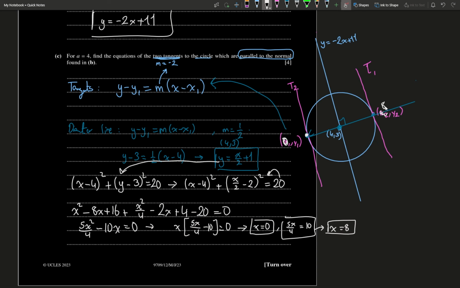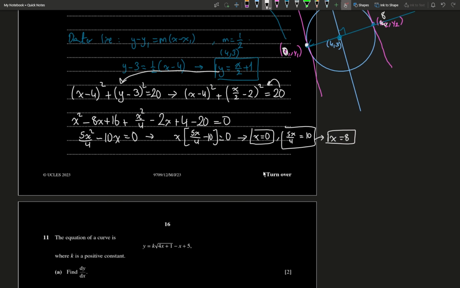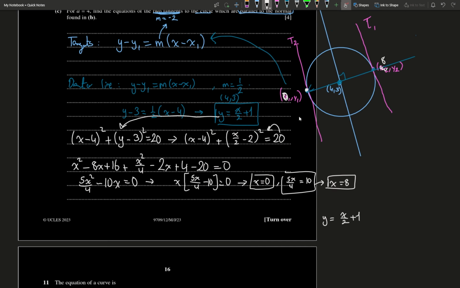دلوقتي انت ممكن substitute these two values of x into the equation of the diameter to find the y coordinates. ماشي. الإيكويشن بتاعت الدايمتر بتقول لك y is equal to x over 2 plus 1. When x is equal to 0 هتحط 0 هنا هيطلع لك y is equal to 1.